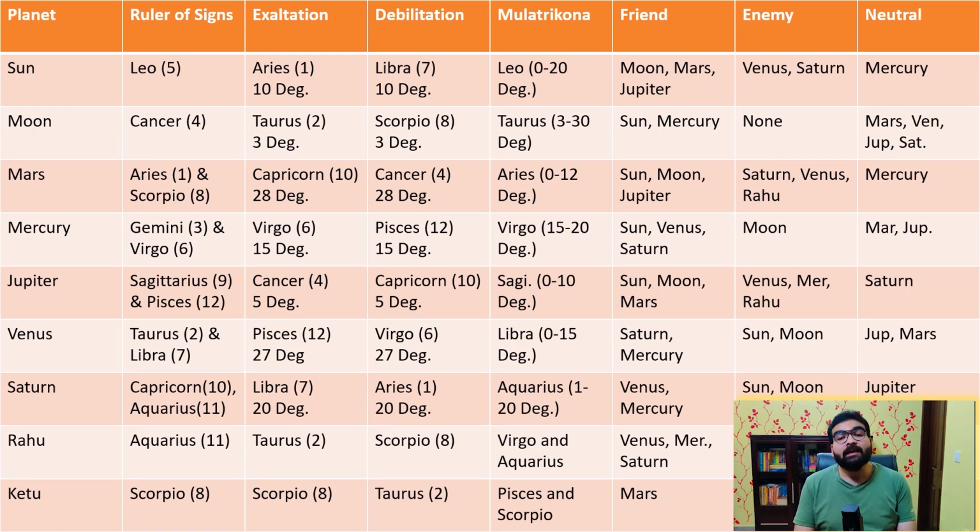Now Mars is debilitated in Cancer. Reason is simple, because Cancer is the natural zodiac sign of the fourth house. Moon controls this. So Cancer controls your emotions and feelings and mind. And remember what I explained in Mars Capricorn. I explained that Mars never cares about the results or fruits of the actions. It only cares about the action itself.